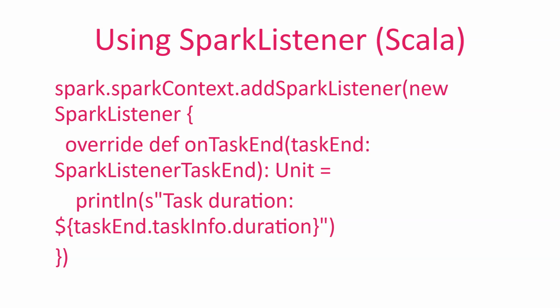We will write: import org.apache.spark.scheduler._, val listener = new SparkListener { override def onTaskEnd(taskEnd: SparkListenerTaskEnd): Unit = println(s"Task ${taskEnd.taskInfo.taskId} time: ${taskEnd.taskInfo.duration}") }. Then sparkContext.addSparkListener, and we pass the listener object.